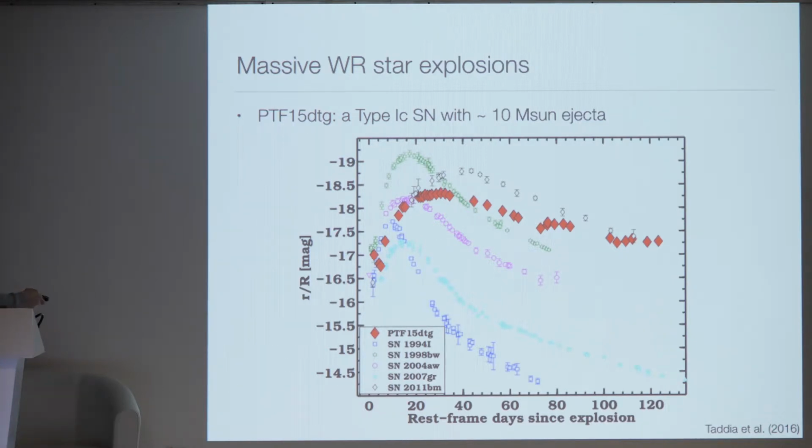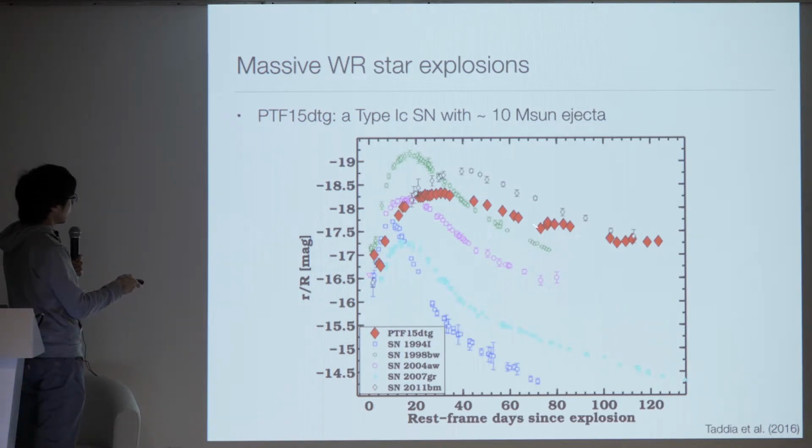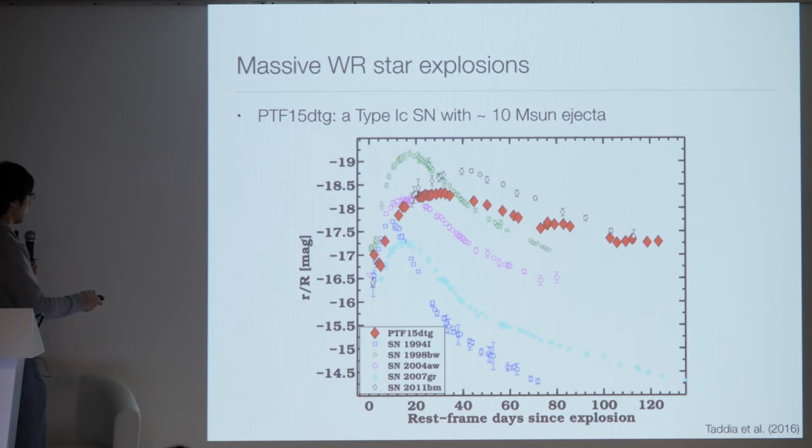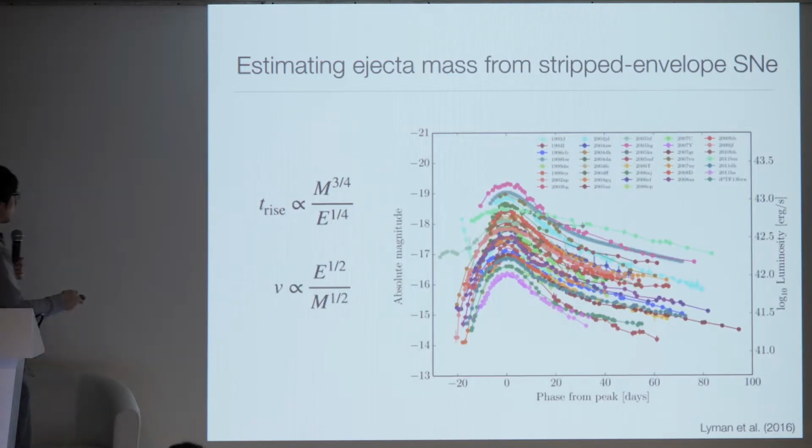This is the light curve for this particular type Ic supernova, which has a very broad light curve. Other type Ibc supernovae rise in like 20 days or so, and that led to the small mass estimate.